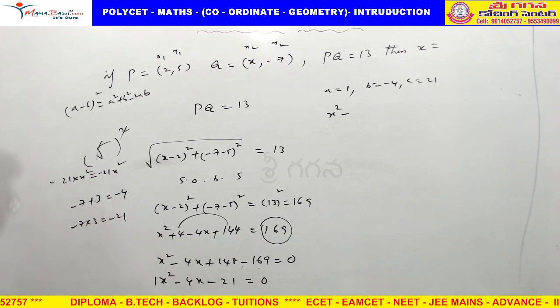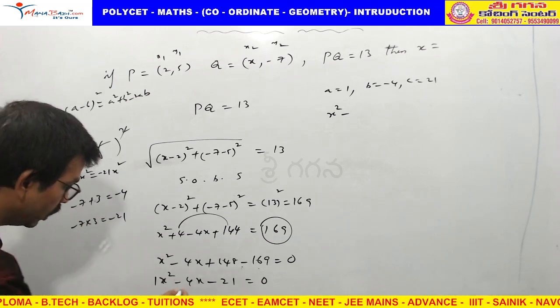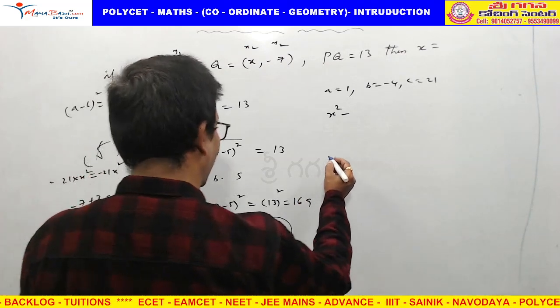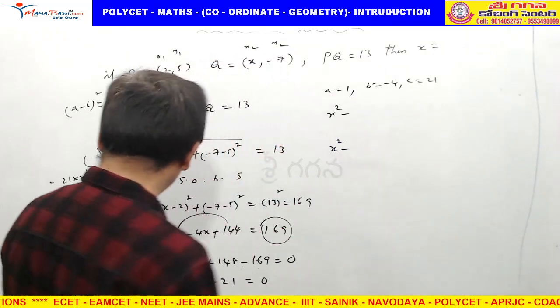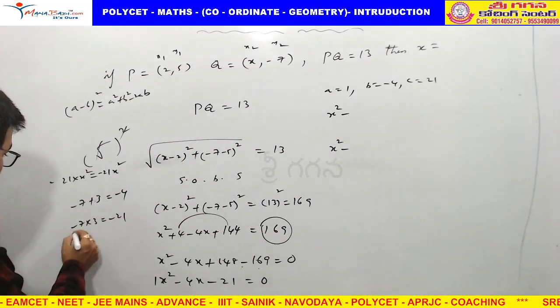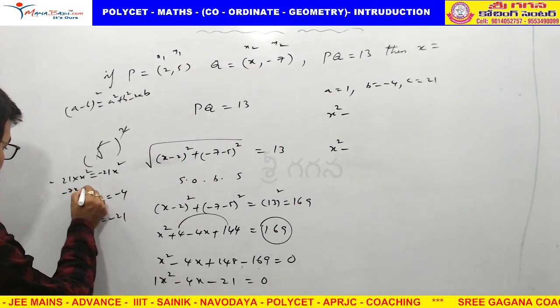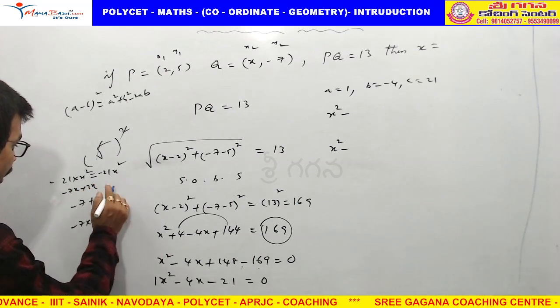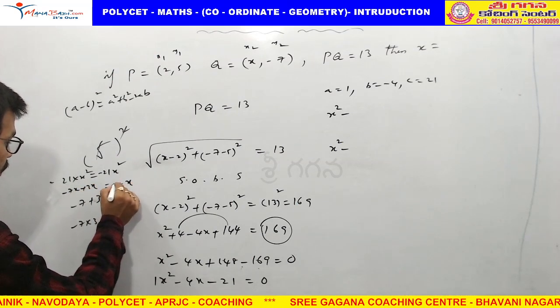In between, take x, the same value will come. So instead of minus 4x I am writing x square minus 7x plus 3x, because minus 7x plus 3x equals minus 4x.